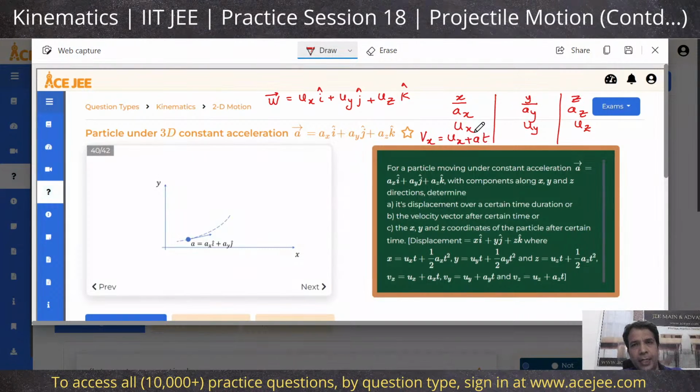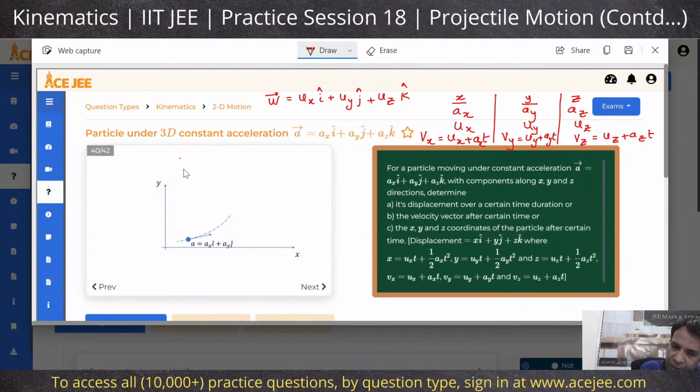Remember, we can apply these two independent kinematic equations: v equals u plus at, and displacement equals ut plus half at square, in each direction wherever we have constant accelerations. So Vy will be uy plus ayt. Vz will be uz plus azt.